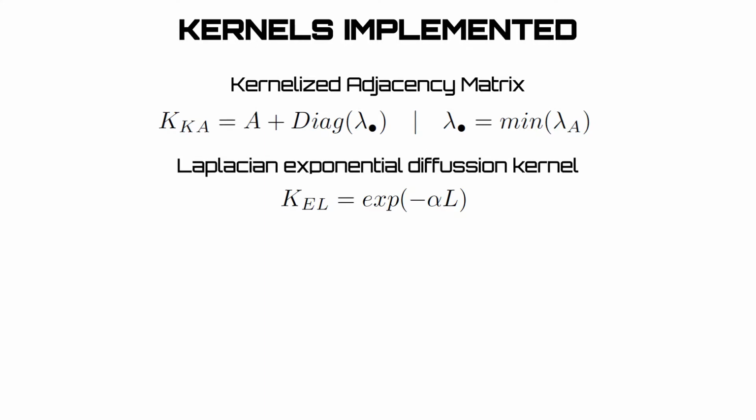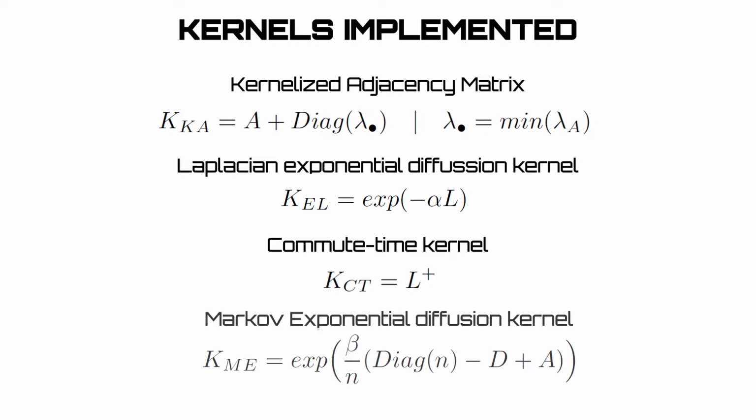Second one is called Laplacian exponential diffusion kernel, which uses the exponential of a weighted Laplacian matrix. Third kernel is an application of Moore-Penrose pseudo-inverse of the Laplacian matrix, which is called commute time kernel. And finally, the fourth one is an alteration of the exponential diffusion kernel called Markov exponential diffusion kernel.